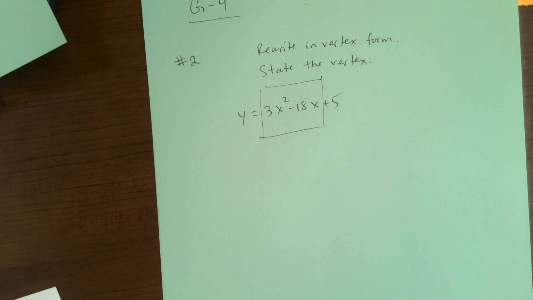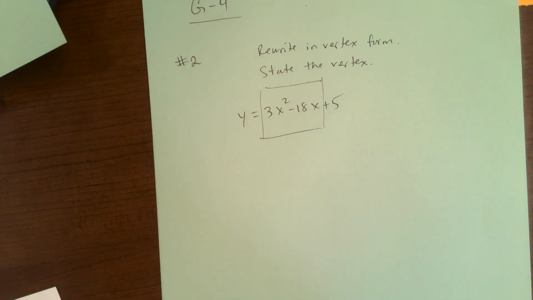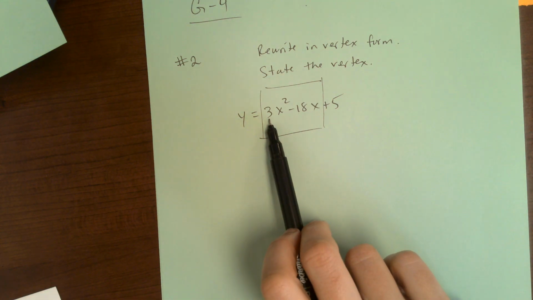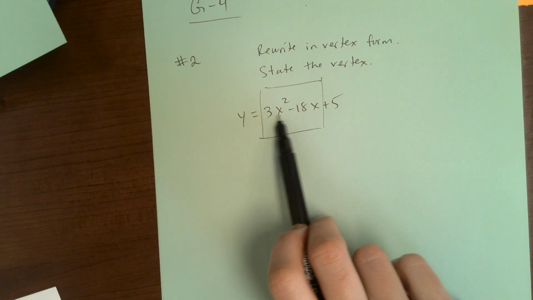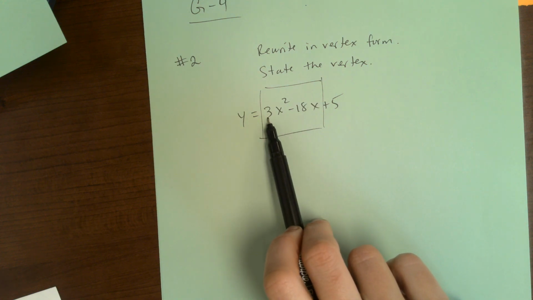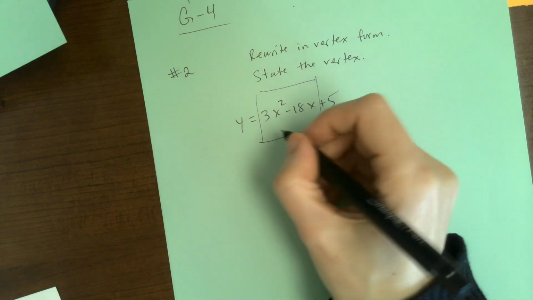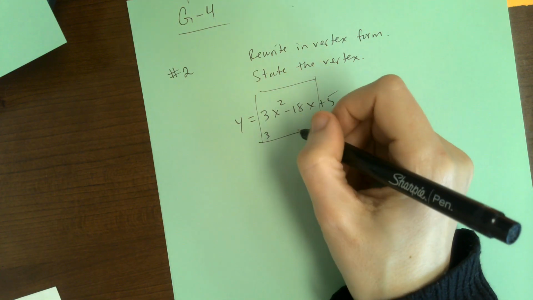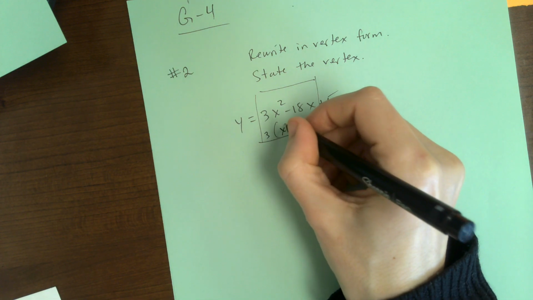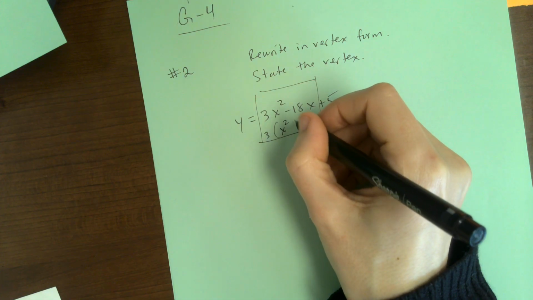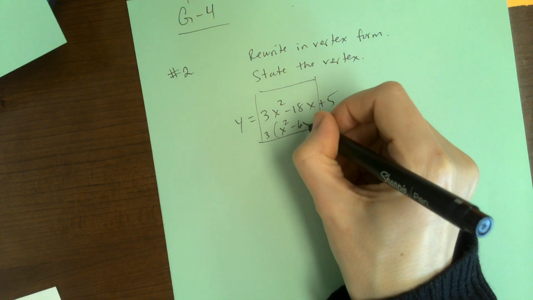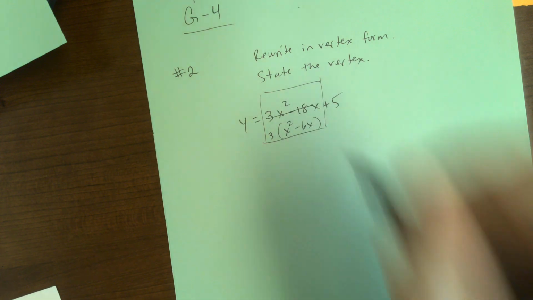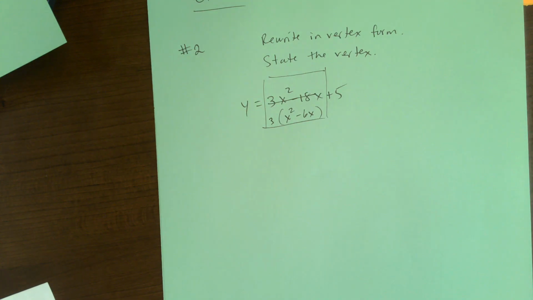The problem is we can't directly do what we did a moment ago because of the coefficient on the x squared, and we can't have that. So what you do is you take the 3 and factor it out: x squared minus 6x. Okay, that's what that part is now.